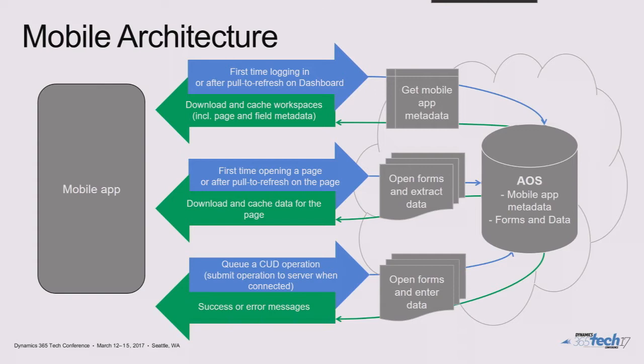You can delete records. And when you come back online, we will detect that and start synchronizing and sending each one of the changes that you've done to the server. So there's a queue of tasks that are available. And as you have that connectivity, we'll work our way through. If you have any cases that require additional input, we're going to prompt the user for that, and then they can continue on.